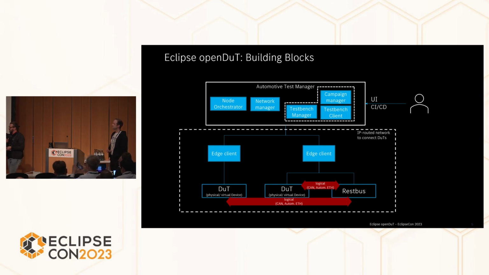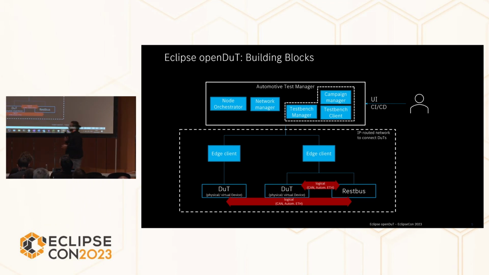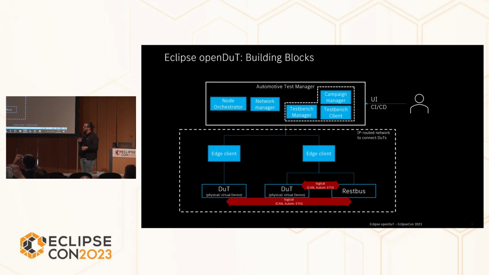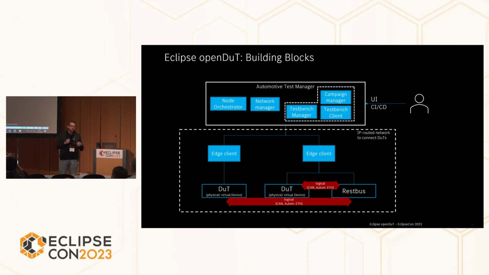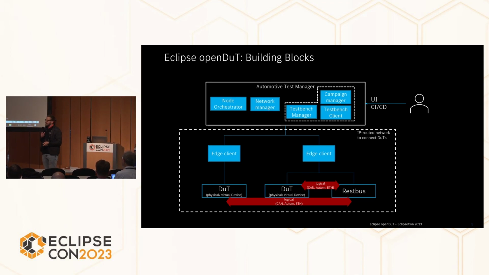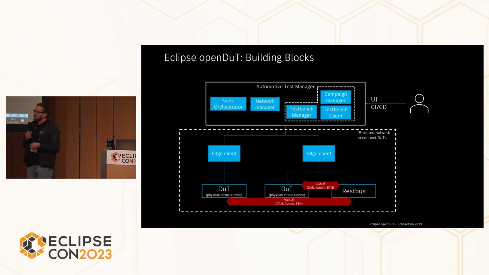We are starting at the devices here on the bottom. We have some physical or virtual devices which have certain capabilities and would like to communicate with some kind of REST bus or with another ECU, virtual or real, via an IP-based automotive protocol or via CAN. This is in scope. And they are eventually distributed.